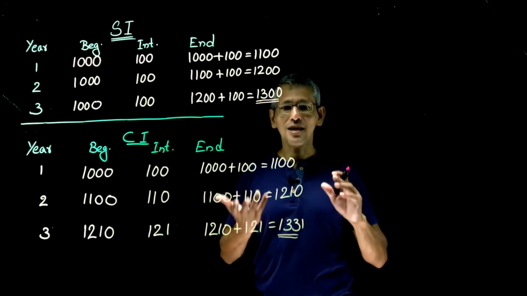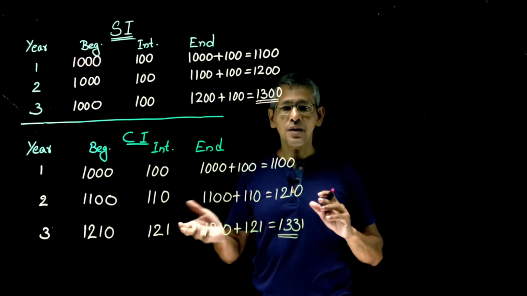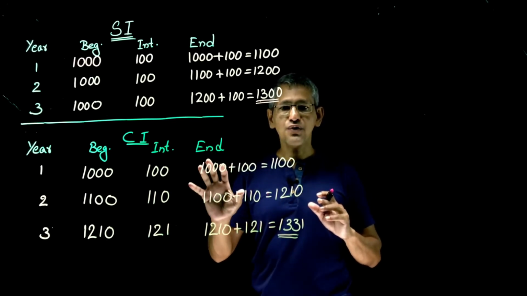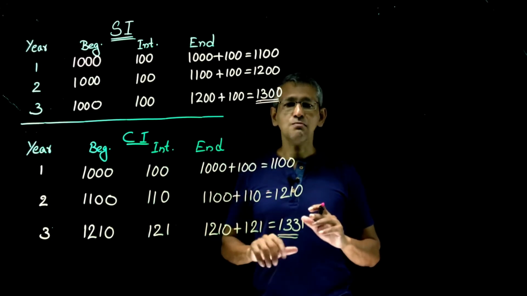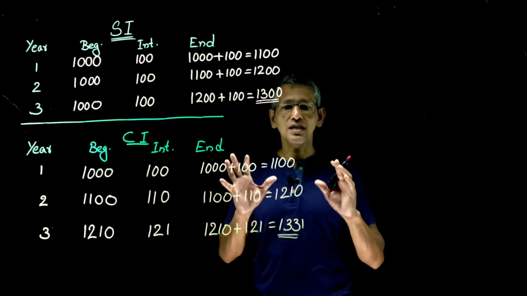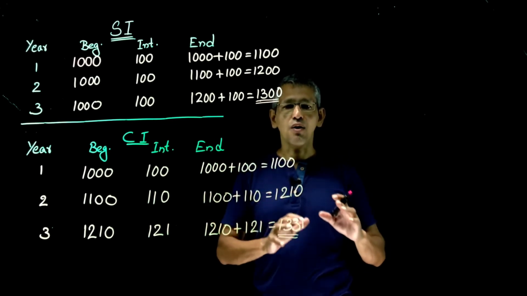So that's a major difference between simple interest and compound interest. And this is something really important for your personal life and the professional life as well, especially when you deal with the banks and financial institutions, when you think about investment and when you take a loan.